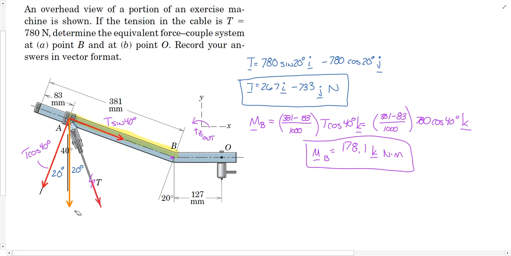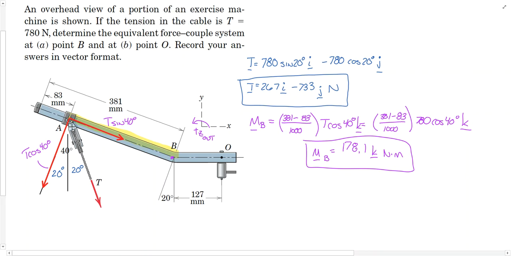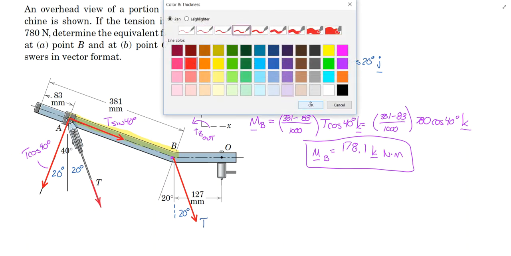Now I would like to sketch the force couple that we've just drawn. So let me grab my red arrow again, and if this is my tension T, I won't make it quite so long, then basically I can move this to point B. We can of course label this as T. We know this is 20 degrees right here, and then we can add our moment to it.